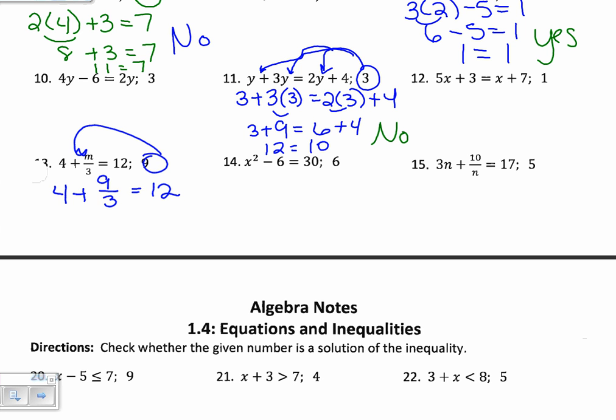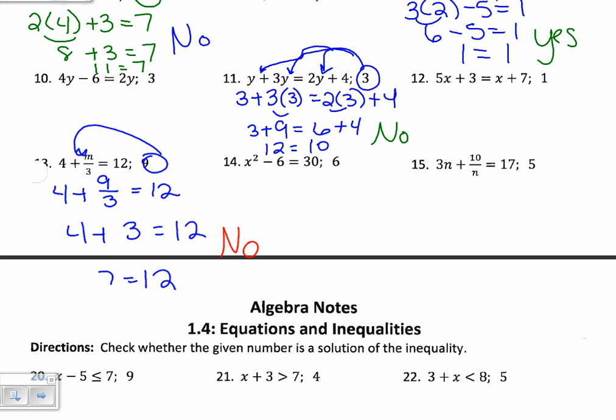We still have order of operations here, so I have to do my division before I do my addition. If I take 9 divided by 3, I'm going to get 3. Now I continue simplifying. 4 plus 3 is 7. And I ask myself, does 7 equal 12? The answer here is no.